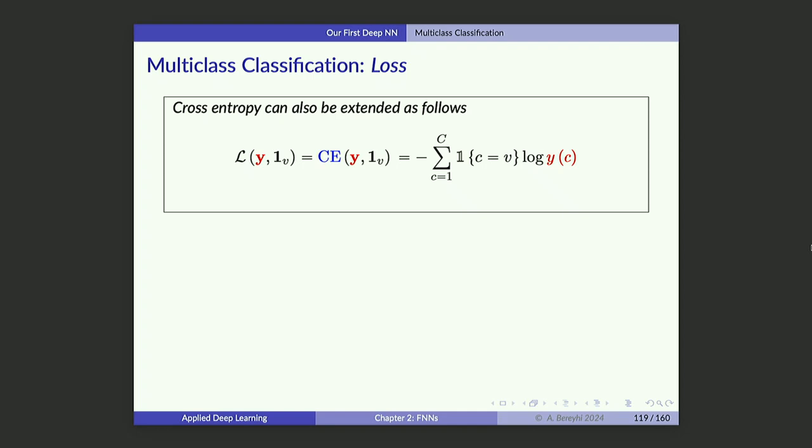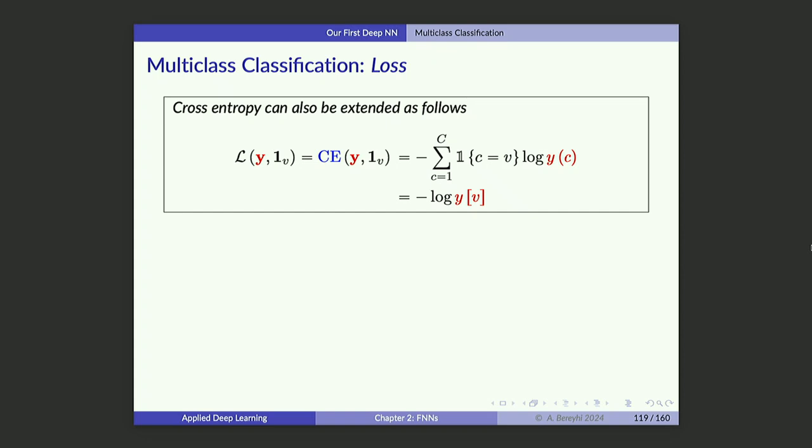And of course, this 1-hot vector's entries are either 0 or 1, and basically all of them are 0 but the one which is exactly at index v, right? So this is going to be of this form, which you can simplify. You basically can say that this is minus logarithm of the y at the index of your true label. This was the same thing again here.